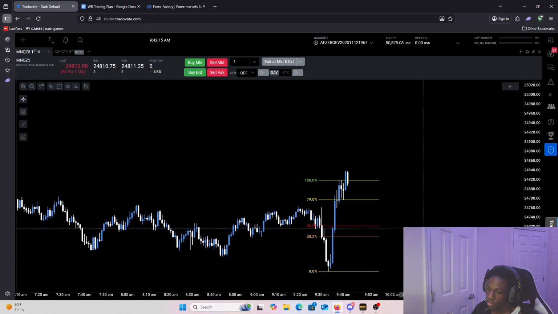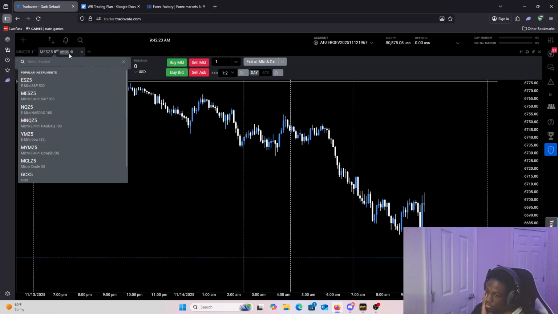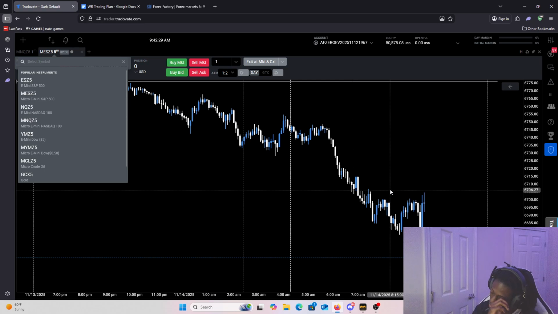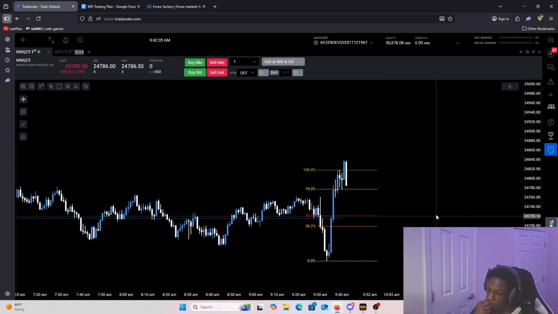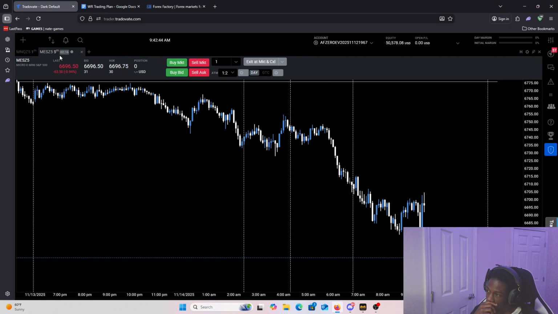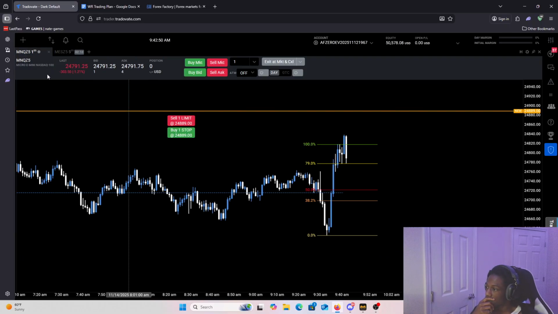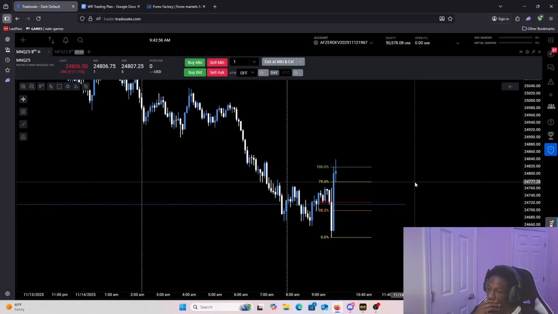Let's see. ES is struggling to break through, and NQ is about to break structure on the downside on the 1 minute. ES is still struggling. So we might actually hold off a little bit longer.